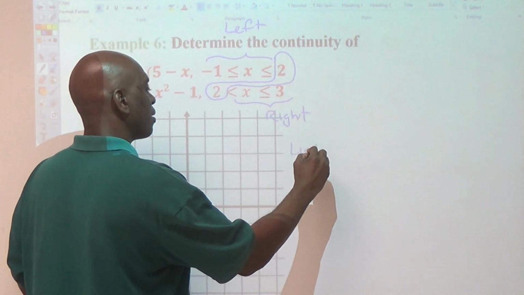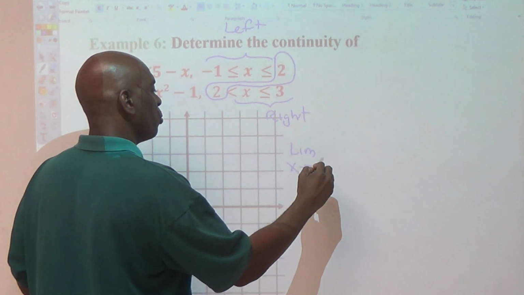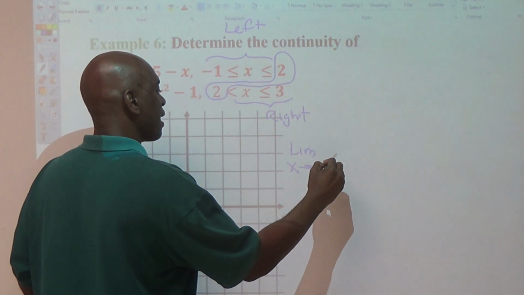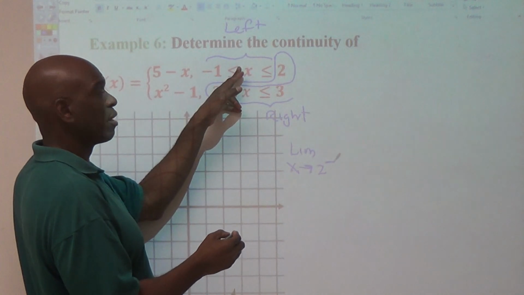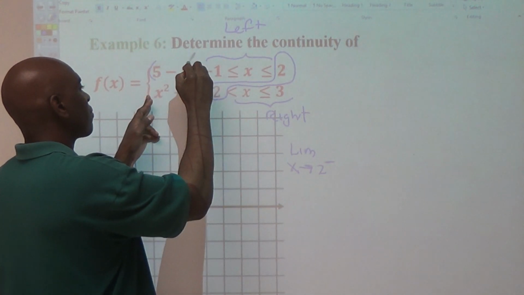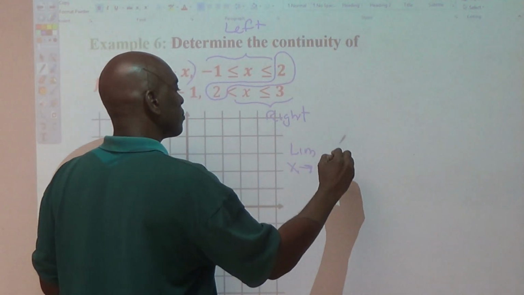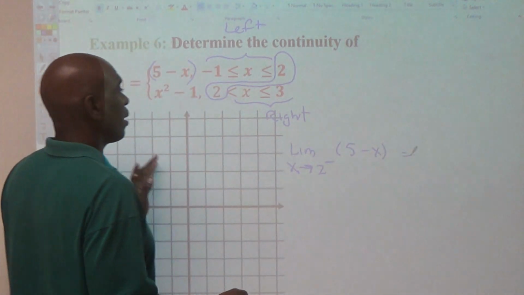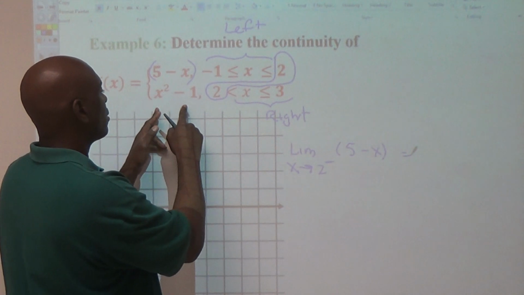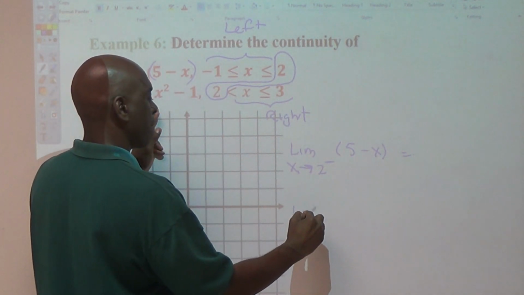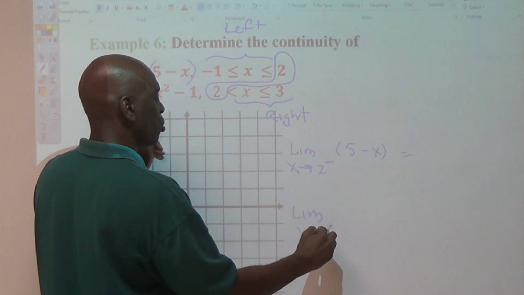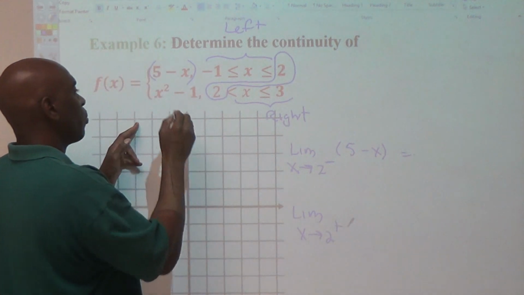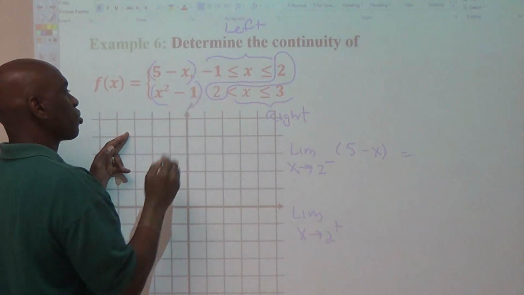So the limit as x approaches 2 from the left side is this function here, 5 minus x. And then on the other side, the limit as x approaches 2 from the right, we use the function down below, x squared minus 1.